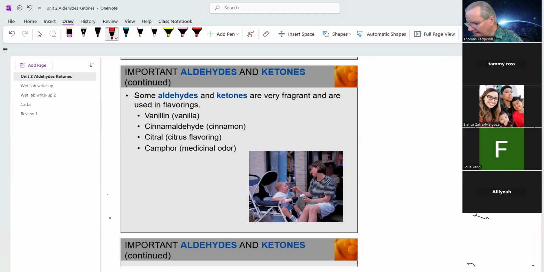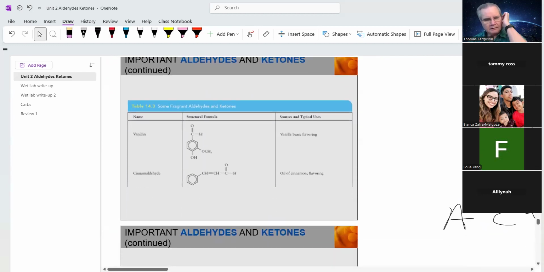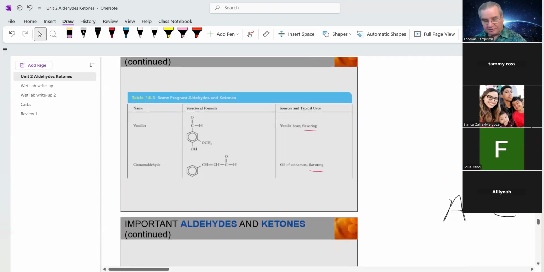We're going to be looking at a chemical similar to that. You're going to save it, and you're going to use it to put in your soap to make it smell citrusy. A lot of the artificial flavorings are aldehyde based. Now, you do not have to know all these, by the way. These are just FYIs.